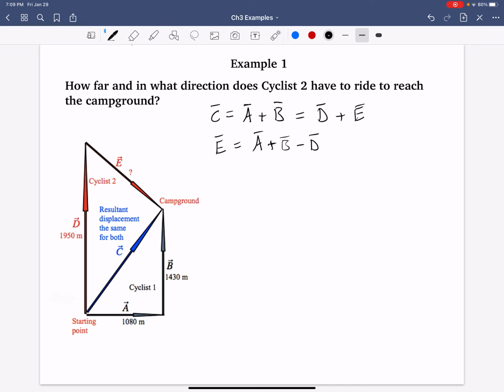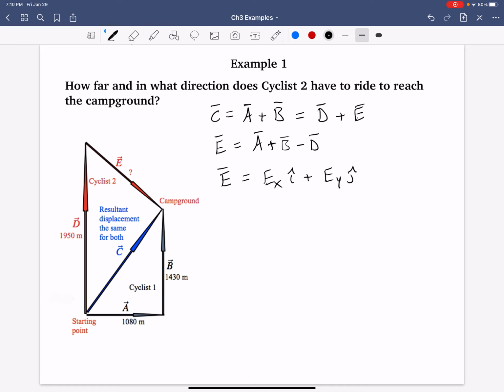Because we do know numbers for A, B, and D. The problem tells us that. So this is the vector statement that will break up into x and y. What I mean is, we ultimately want to find something like this: the x component of E times i hat, plus the y component of E in the j hat.